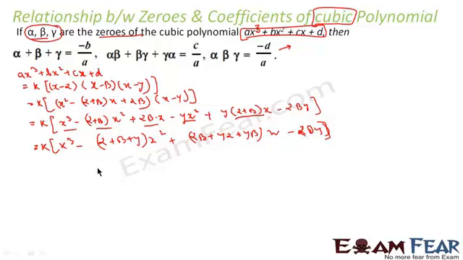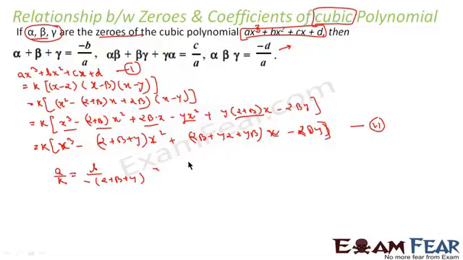Now if you compare these two equations, this is equation 1 and this is equation 2, both are the same equation, written in two forms. So we can compare the ratios of the x cube, x square, x and constant terms. If you compare the x cube terms, we get a by k. For the x square terms, b by minus of alpha plus beta plus gamma.